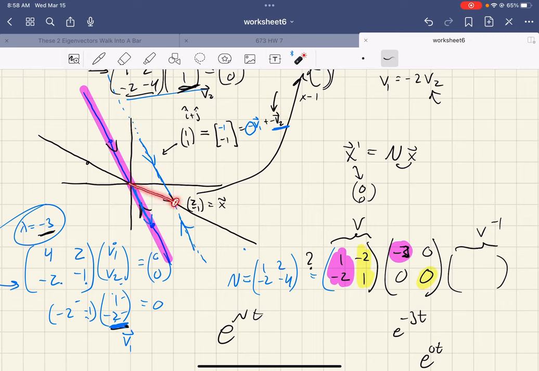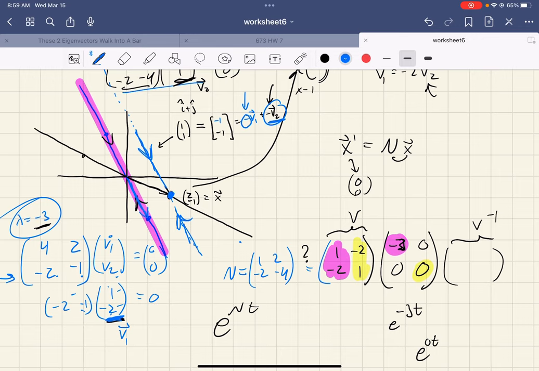That's how we got to right here. So that is going to remain unchanged. However, whatever number's in front of my v1, whether I'm up here or down here, that gets pulled down to 0 by this guy. And so that's what these arrows are saying. They're saying move this thing down to 0, but this stays the same. So we're drawn towards a negative v2, which is exactly where this dot is.